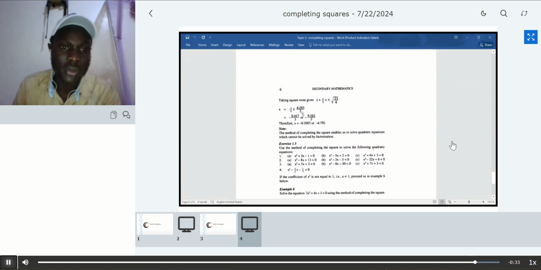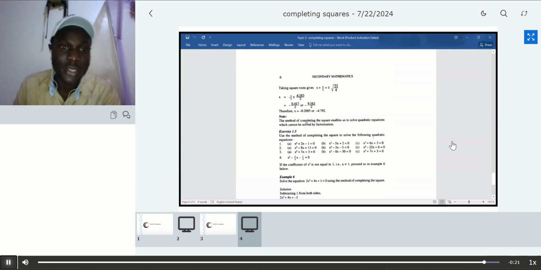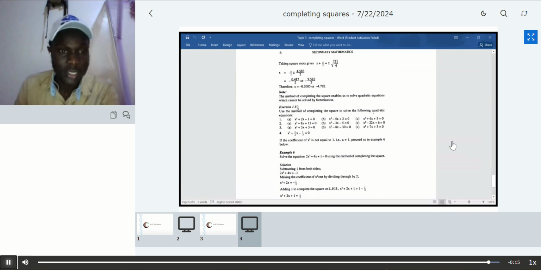When you do your working, you divide by 2, you will get 0.417 divided by 2 or 9.583 divided by 2. Therefore, our x will be equal to 0.2085 or negative 4.792.